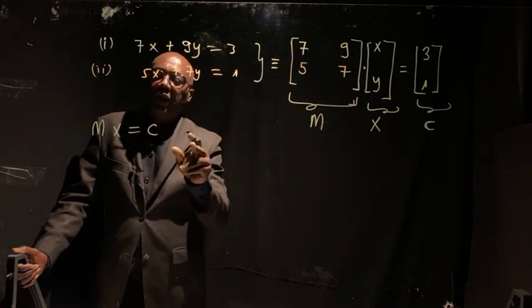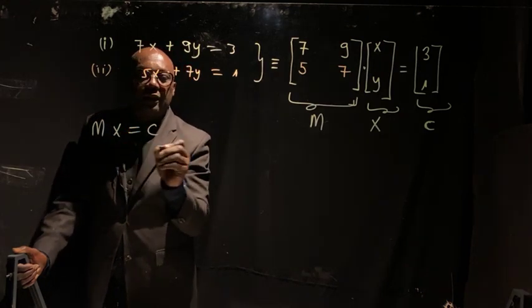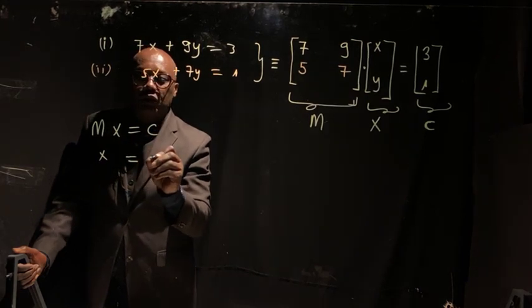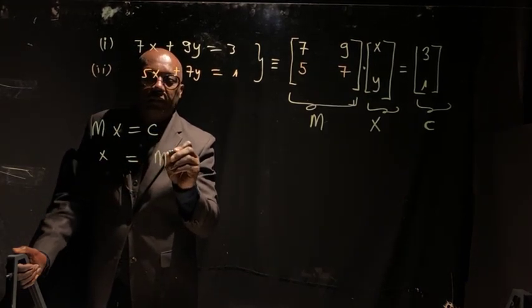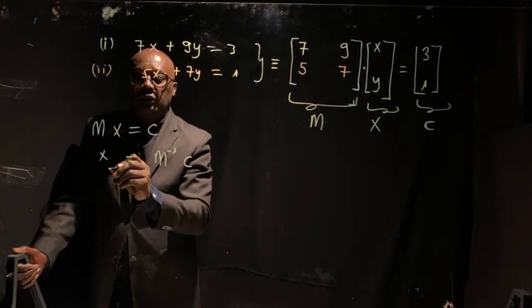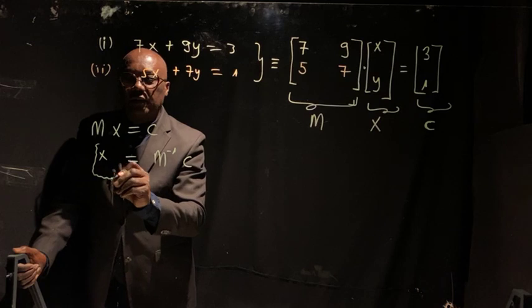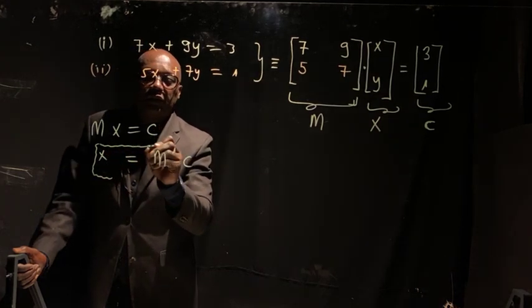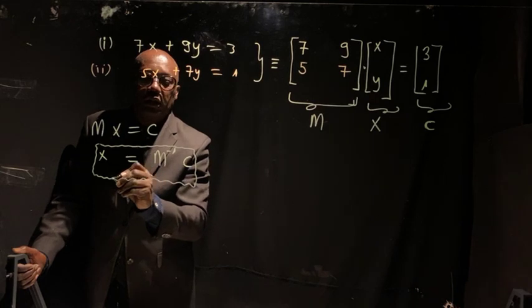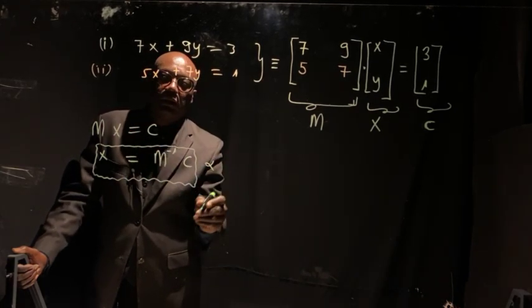You can find that X will be equal to M inverse C. Good. This is a very important equation that we want to consider, and let me call it equation alpha.